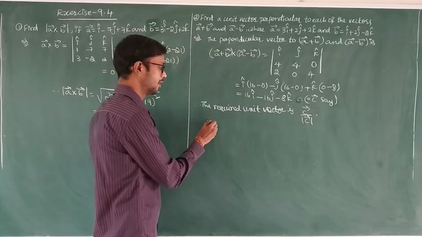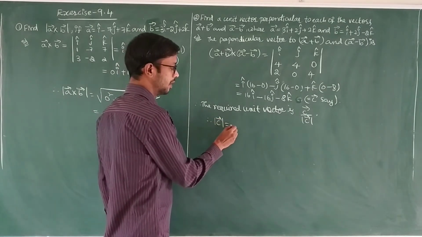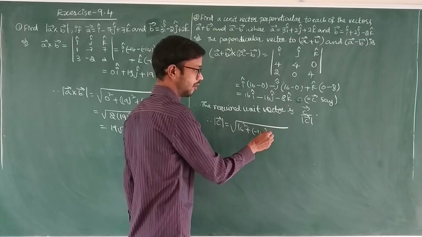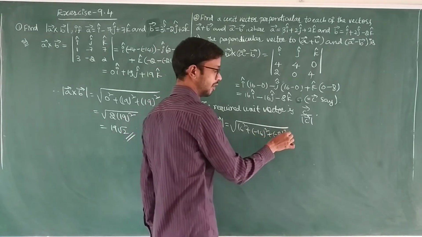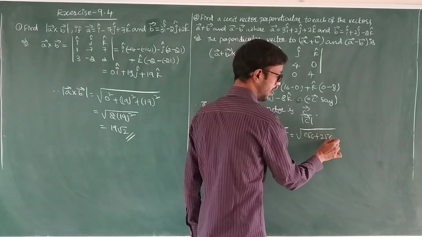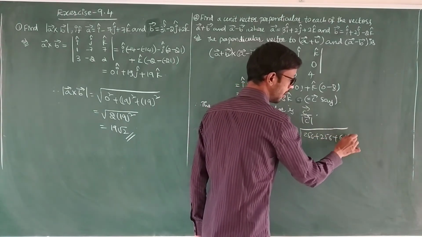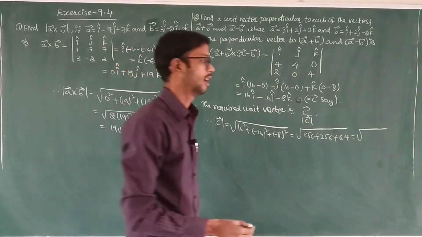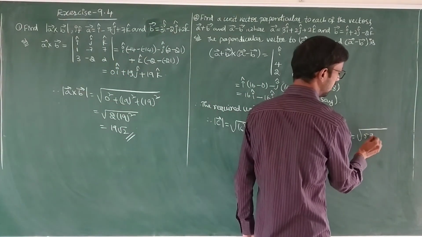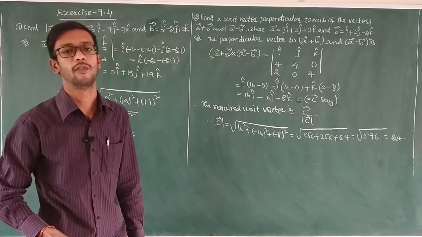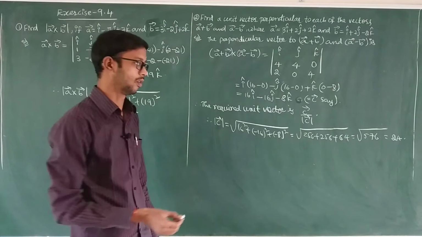How much do you get for the magnitude of C bar? 16 square plus minus 16 square plus minus 8 square. That is 256 plus 256 plus 64. The total is 576, and the square root of 576 is 24.